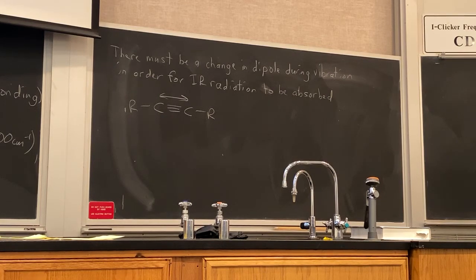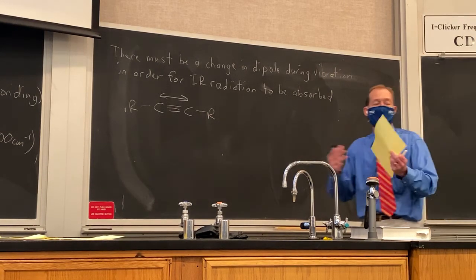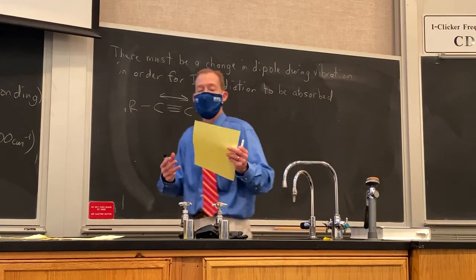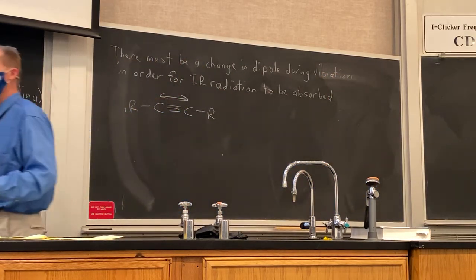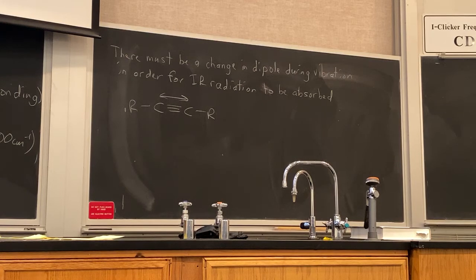If they're close to symmetrical, so let's say one R group is a propyl group and the other R group is a butyl group, that's close enough that the peak is going to be so small, it's just going to be down in the baseline. So many of our internal alkynes will not show a carbon-carbon triple bond stretch. Now, you could see the other peaks from other bonds stretching, but you wouldn't see the carbon-carbon triple bond stretch.